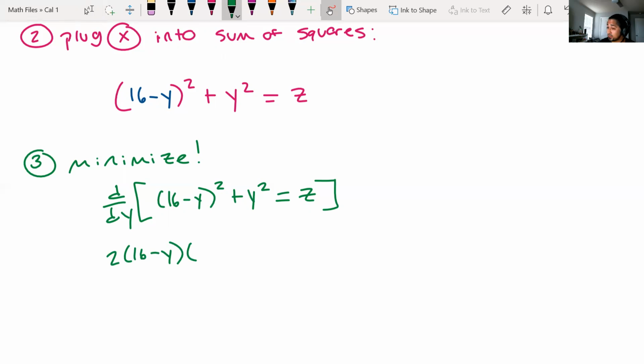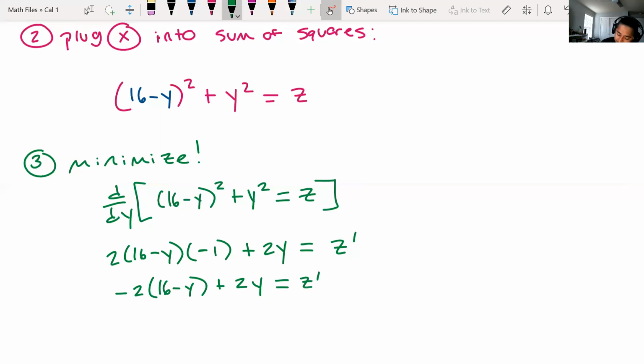Derivative of y with respect to y is just going to be -1. Plus 2y equal to z prime. Z prime. And then clean this up. You'll get -2 times 16 minus y plus 2y equal to z prime.